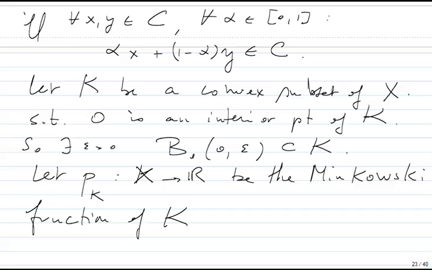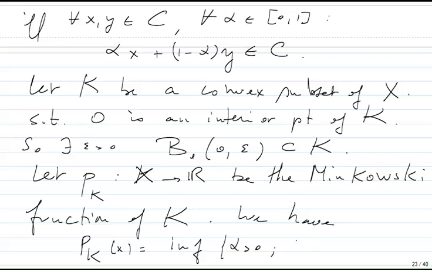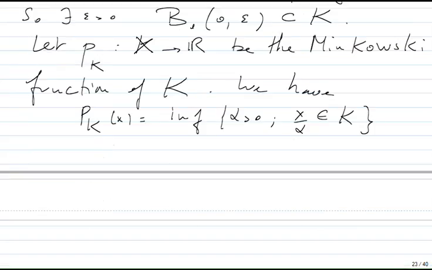So we have pK of x equal the infimum of alpha positive such that x over alpha belongs to K. Okay?